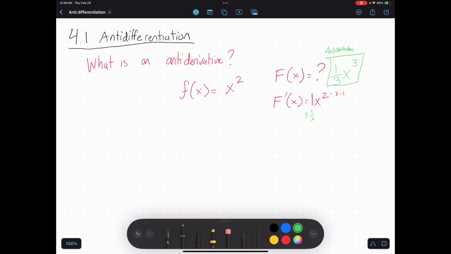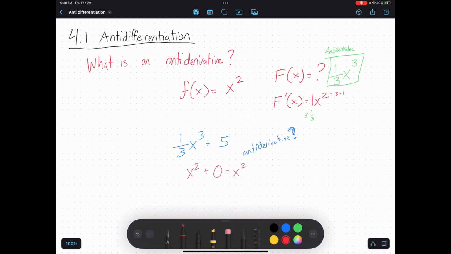So technically, would this also be an antiderivative? Well, it's easy enough to check. Just take the derivative of it. When I take the derivative of 1/3 x cubed, I get x squared, right? I get x squared plus derivative of 5 is 0, and I'm left with x squared.